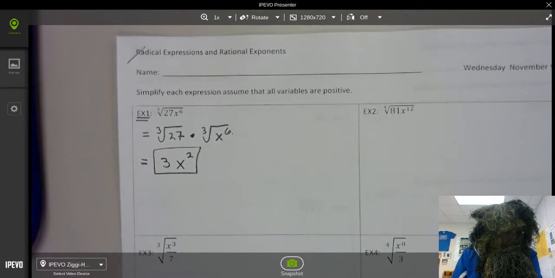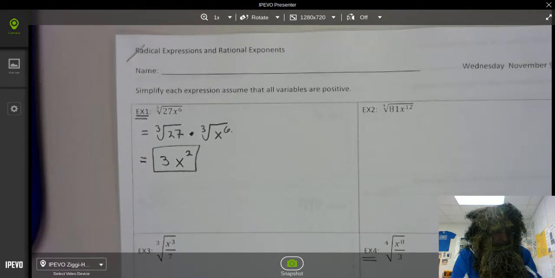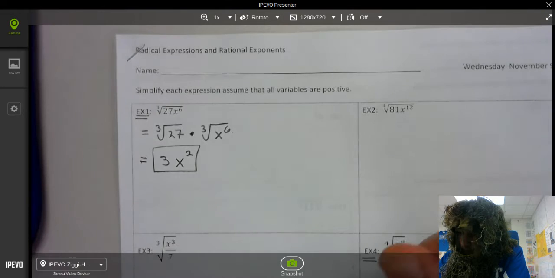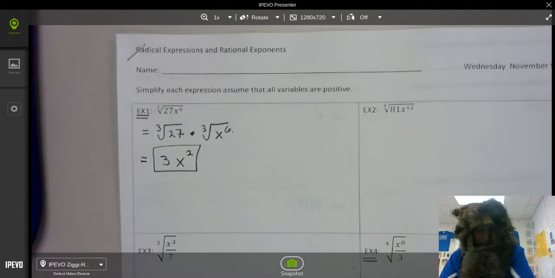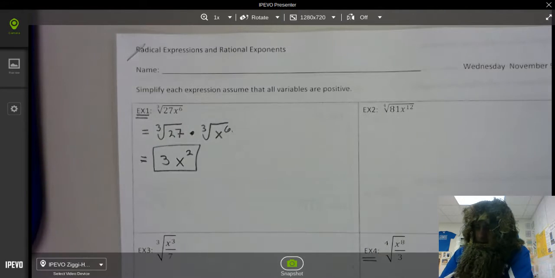All right, let's look now at example 4. So we're using the quotient property of roots, and we know that we can write this as the fourth root of x to the eighth divided by the fourth root of 3.